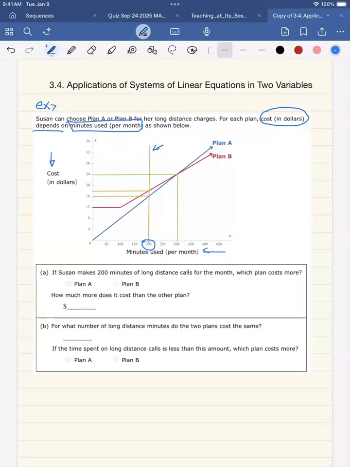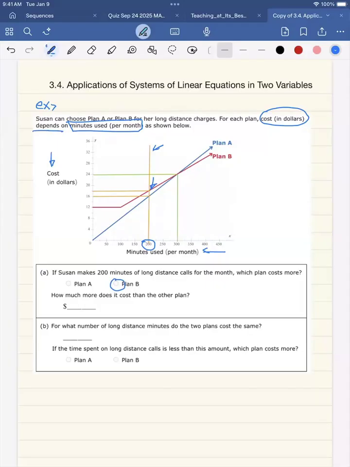And the question is, which plan costs more? So the y value is higher, the cost is higher. Obviously, this red line costs more, so plan B costs more.